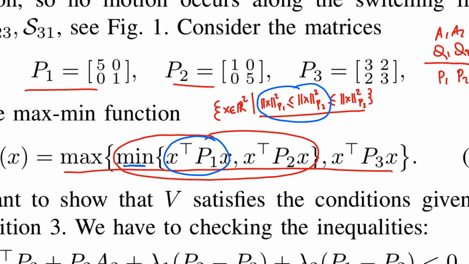Now we need to look at this term and then this term, and then we return the maximum of it. Looking at the structure, this is P1 and this is P3, which one is larger? Which one would be the maximum among those two terms? This term.